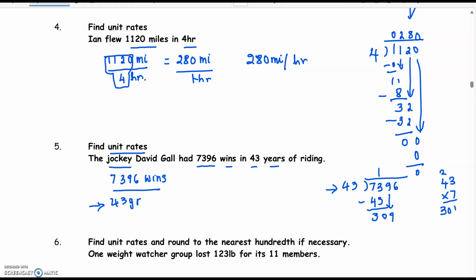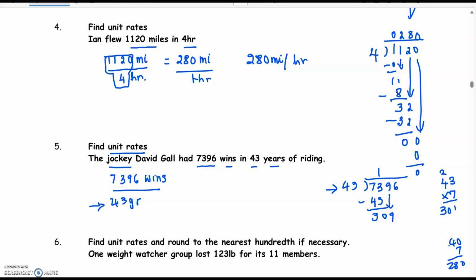The reason I tried 7 is because I was looking at 40 as the closest number to 43. So 40 times 7 is 7 4s are 28, 280, and that was my estimate. So I multiplied with 7 to check, and it kind of worked.